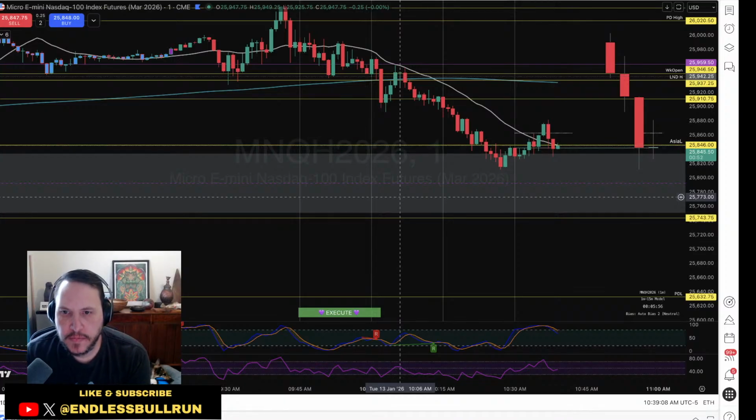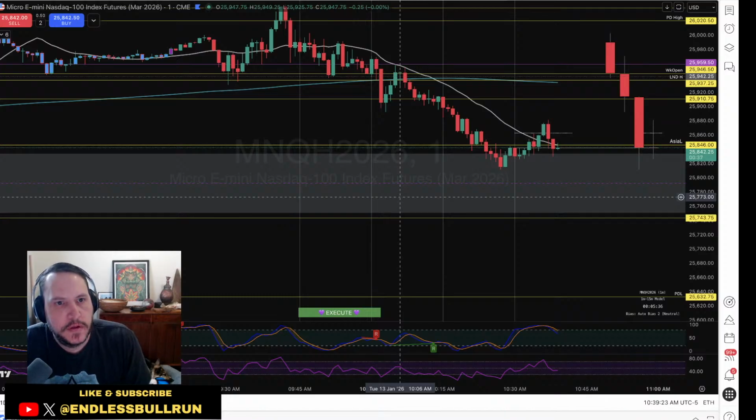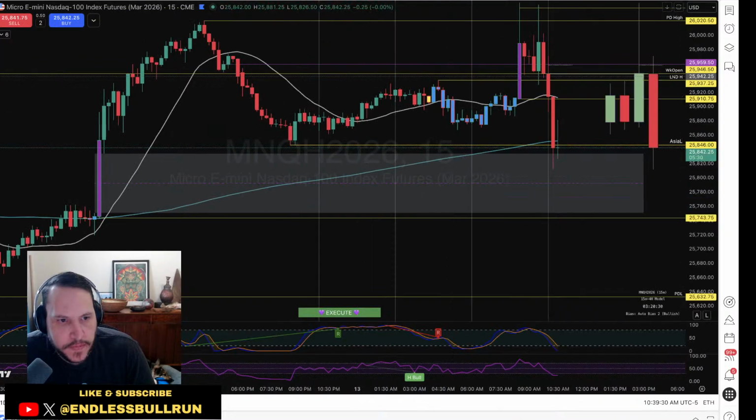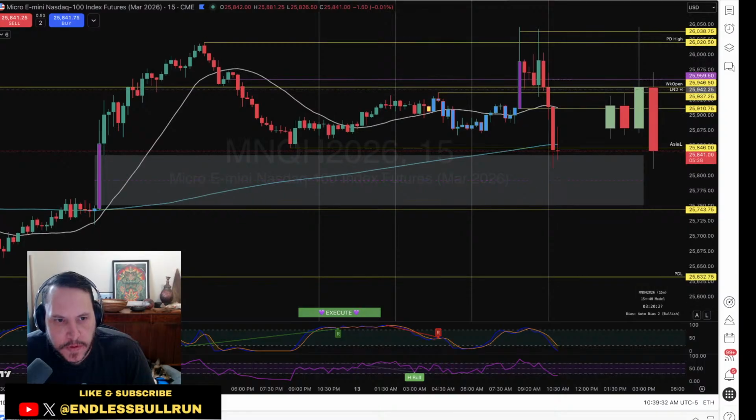I'm not liking it. I feel like consolidation. I almost feel like we should wait until we start reversing back up. This big, thick 15-minute fair value gap.